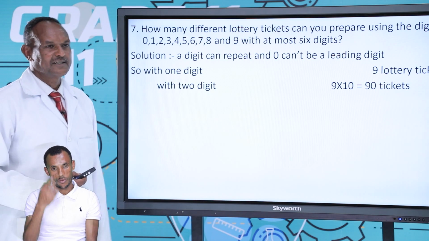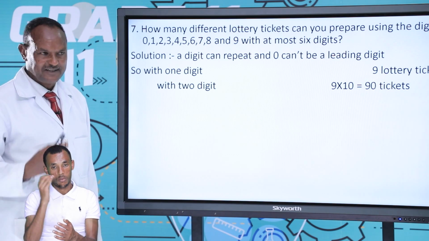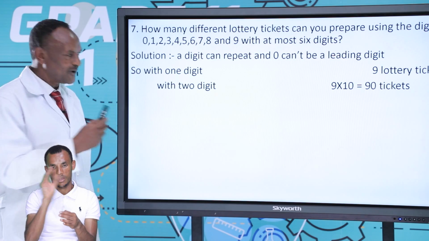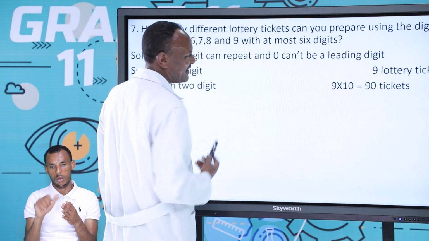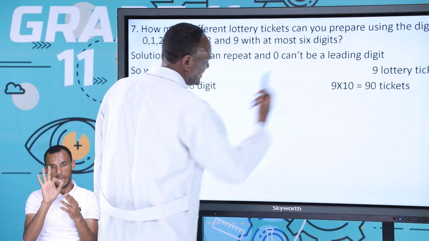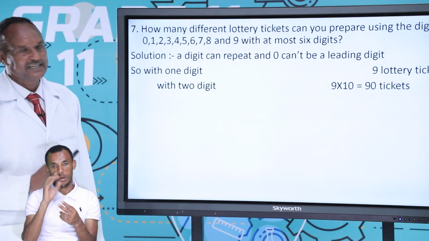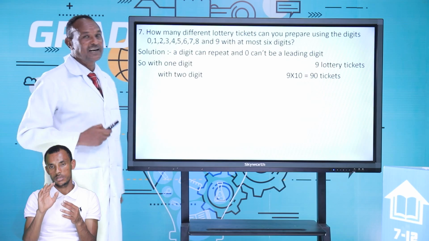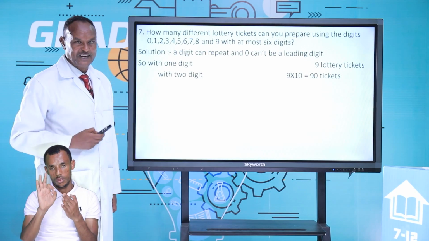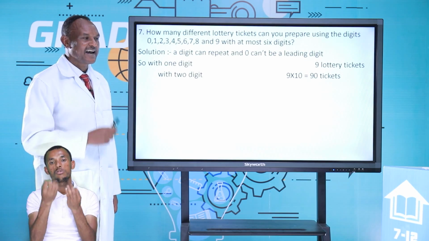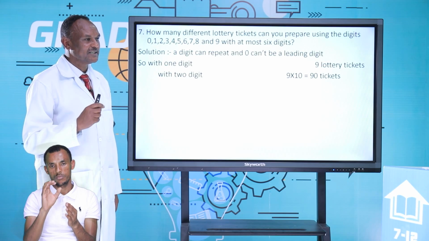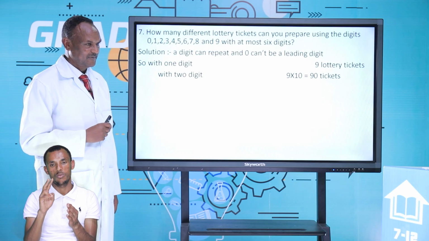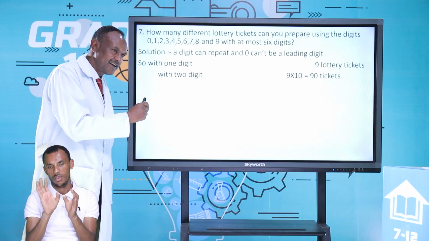For the units digit, since a digit can repeat and 0 could be in the units digit, we have 10 possibilities. By the fundamental principle of counting, 9 times 10 equals 90. I can prepare only 90 2-digit lottery tickets, from 10 up to 99.